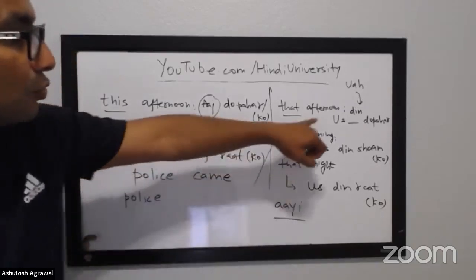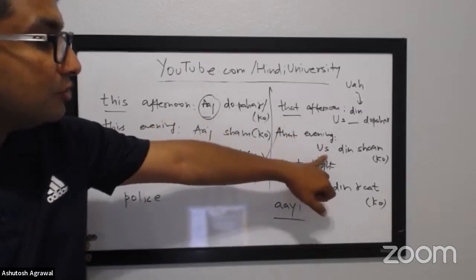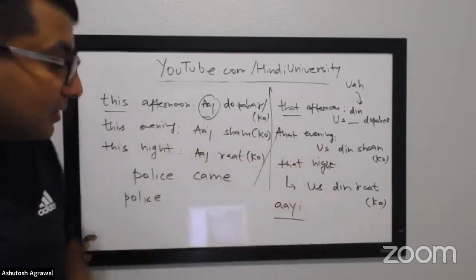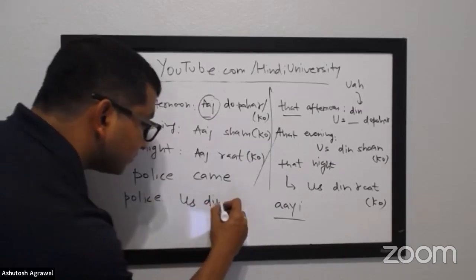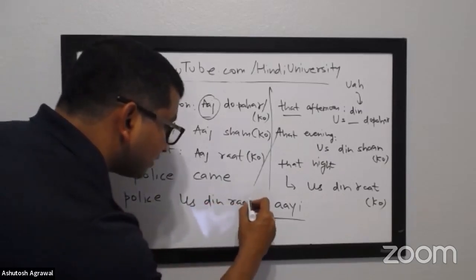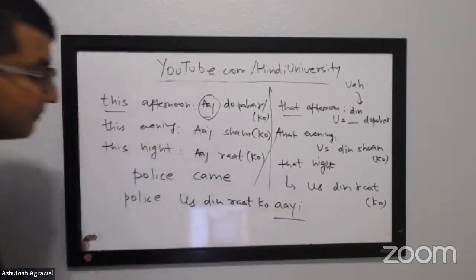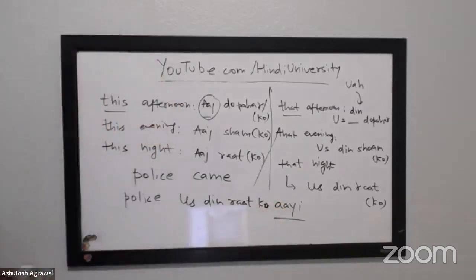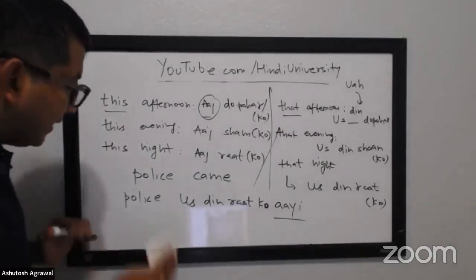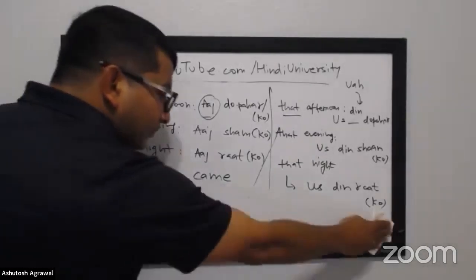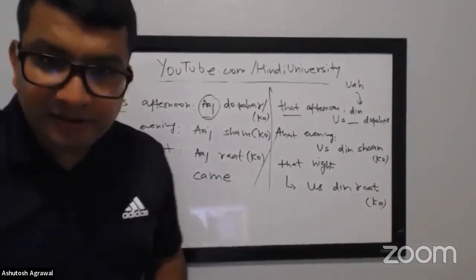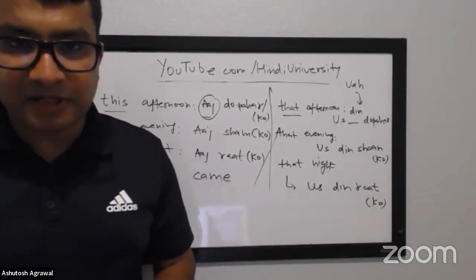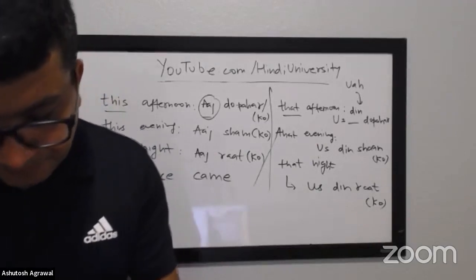So you were saying उस दिन दोपहर को आई, उस दिन शाम को आई, or in this case पुलिस उस दिन रात को आई. Okay, I know this can be hard. Master G, is it आई because police is feminine? Is that what's happening? That is right. Police is feminine. Okay, thank you.